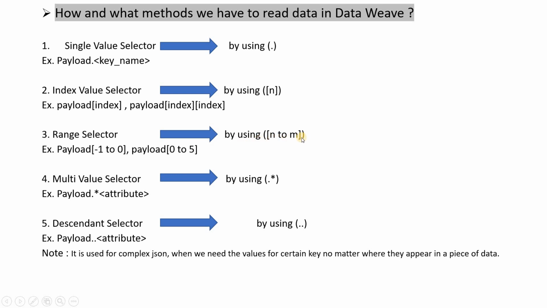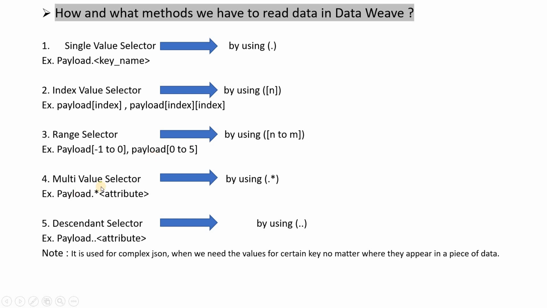By using this we define from start to end, from where to where we have to read the particular values. For example payload of -1 to 0 or payload of 0 to 5. This way we can read that particular input data.